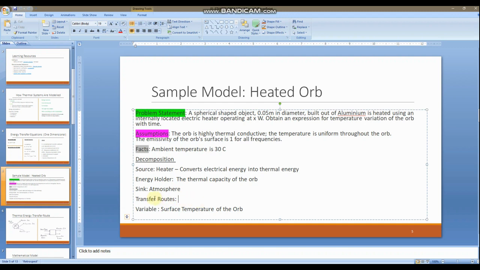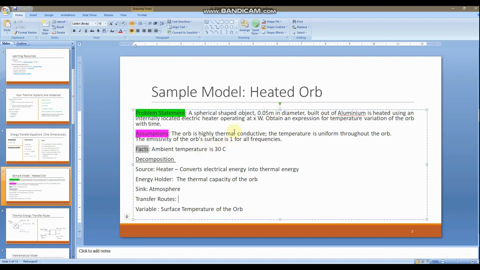And finally, we have some transfer routes. We'll discuss them in the next slide. And so these are the core components for a thermal system. In addition, we'll have an energy accumulator as well.